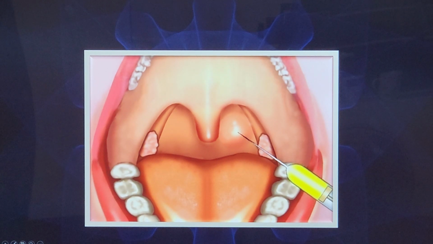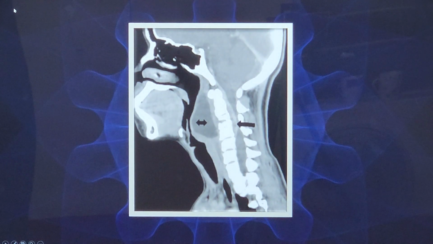Likewise, we'll aspirate from the posterior pharyngeal wall abscess and send it to the lab for normal gram stain, and not only that, AFB stain and PCR study for CBNAAT. And one more test, a blood test, is the QuantiFERON TB Gold test.